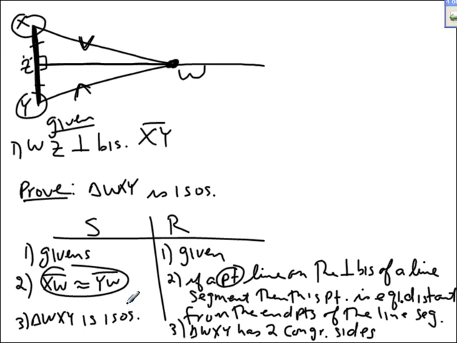That's enough for me to call it isosceles. Done. Okay, using this theorem really helped. The last proof, I didn't use one of those theorems, actually on purpose, to show you that you don't have to use it, but also to show you how much longer it is because we didn't use it.